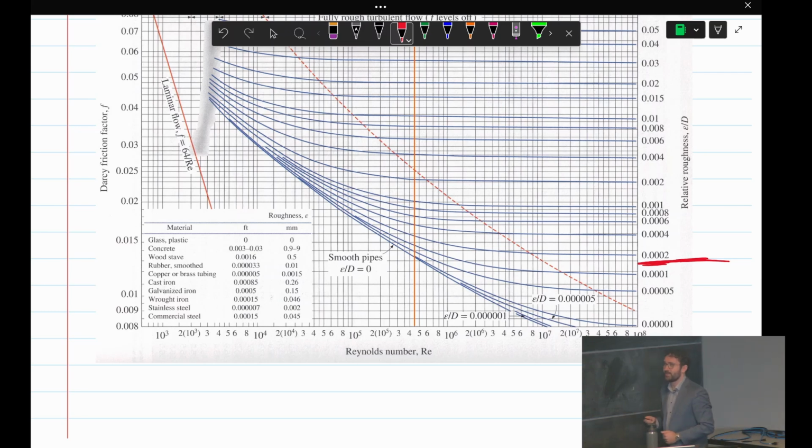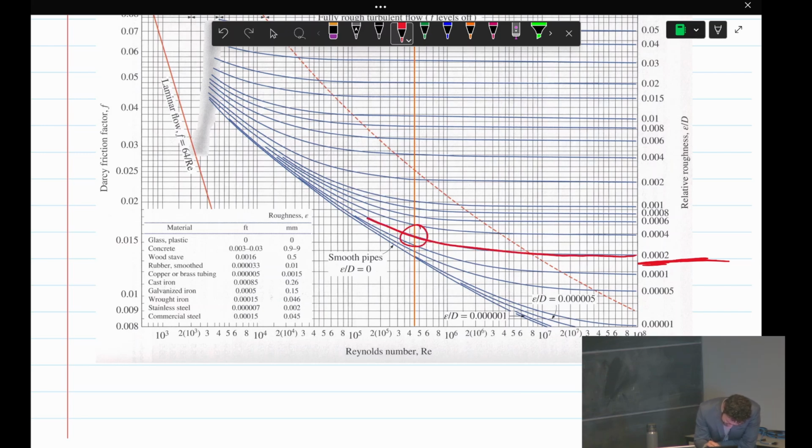So you might notice we only have lines for 0.0002 and 0.0001. This is why I think it's better we just use the equation, because we're kind of going to be halfway between that. So anyways, we follow those lines back up. Let's say round up to 0.0002, and we follow this blue line here.